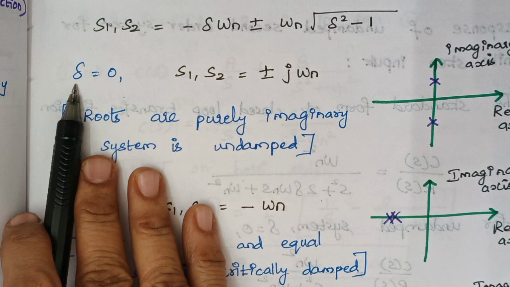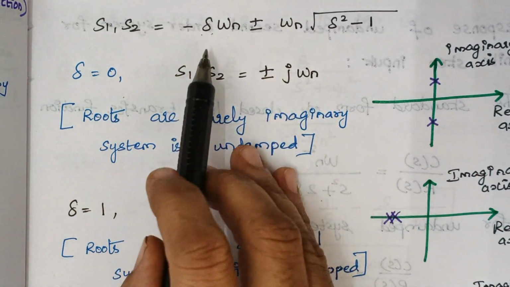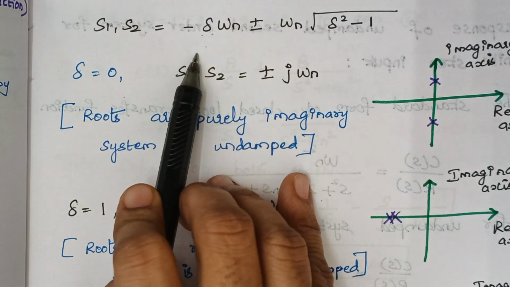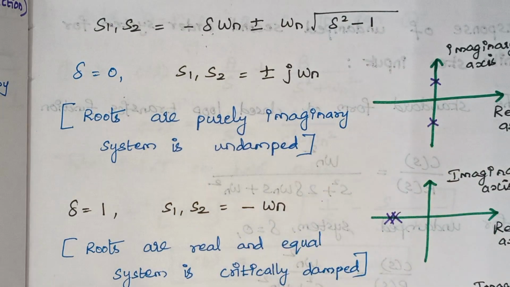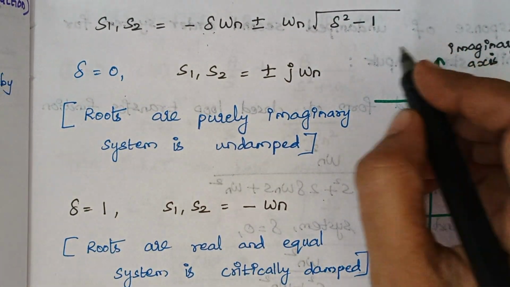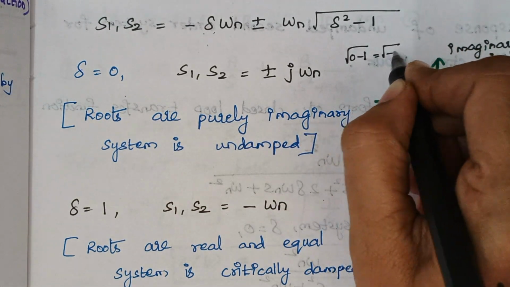When you substitute the value of zeta as 0, this term gets reduced to 0. And here 0 minus 1 becomes what? 0 square minus 1 will become root of minus 1.